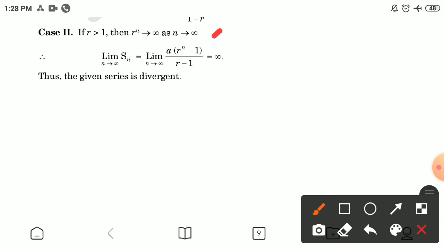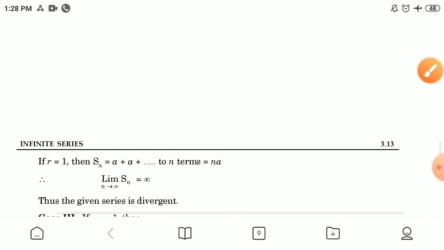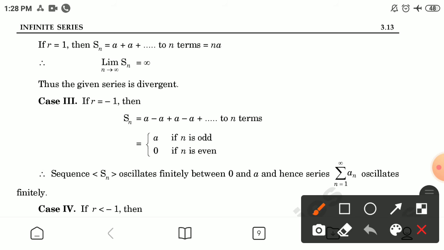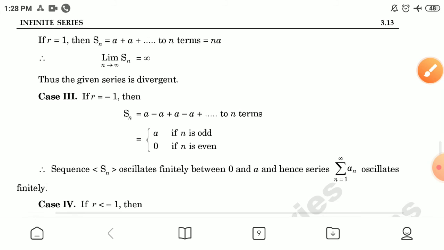Therefore, the limiting value of Sn is equal to infinity. Thus, the given series is divergent. Now if r is equal to 1, then Sn is equal to na. Therefore, the limiting value will be infinity. Thus, the given series is divergent when r is 1.